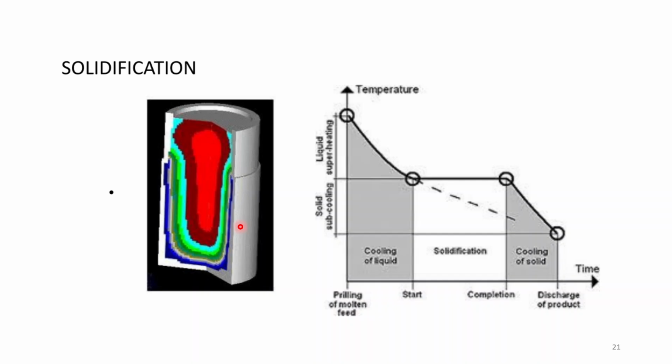In the liquid part you have provided some superheating, above the melting temperature, so that it has good fluidity and it fills the intricate shapes. Okay, so after that it will start to solidify. This is for the pure metals case. So it will solidify at a single temperature, and after solidification it will get cooled.